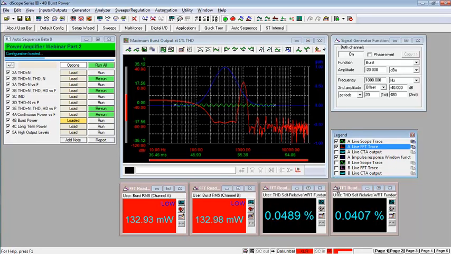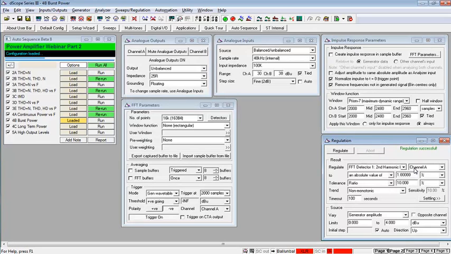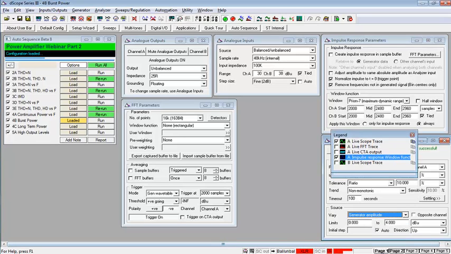Okay, so what was happening in this test was that we were again using a regulation. So here is our regulation on this second page of the configuration to seek out the 1% clipping point of that short duration THD measurement by adjusting the generator amplitude automatically.